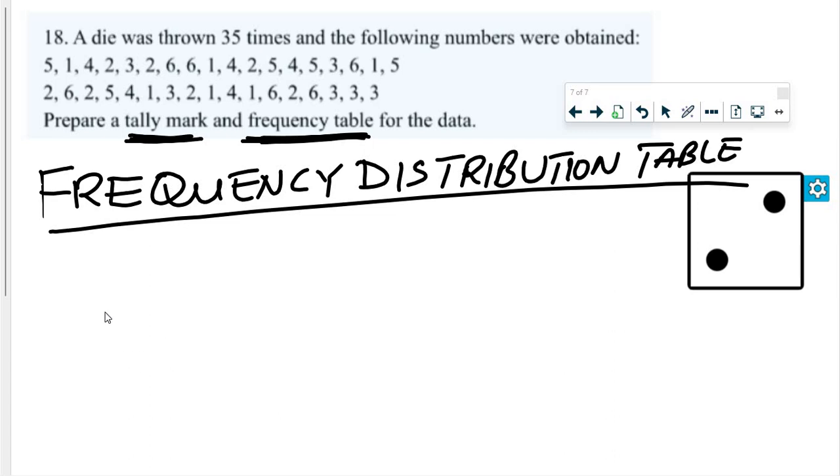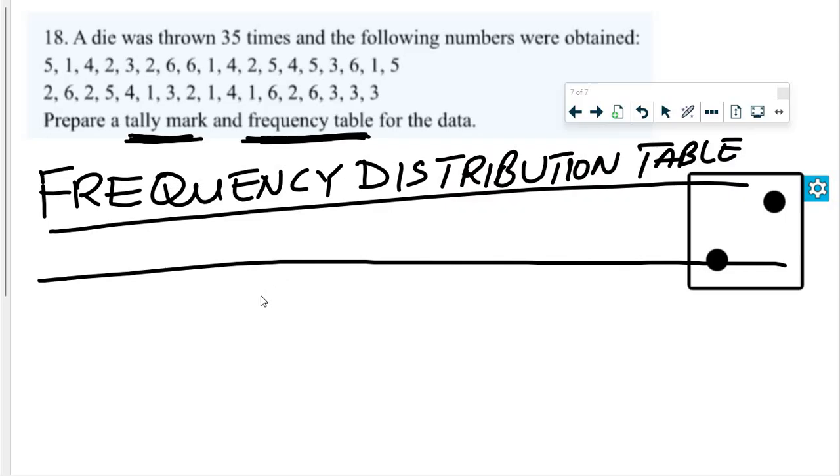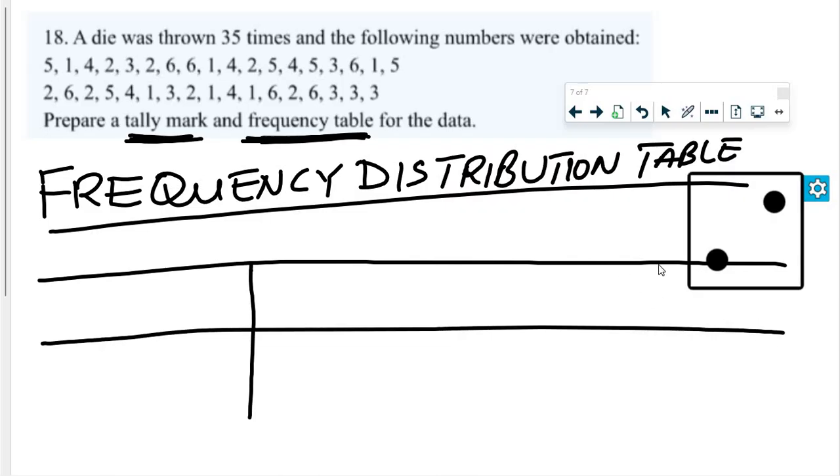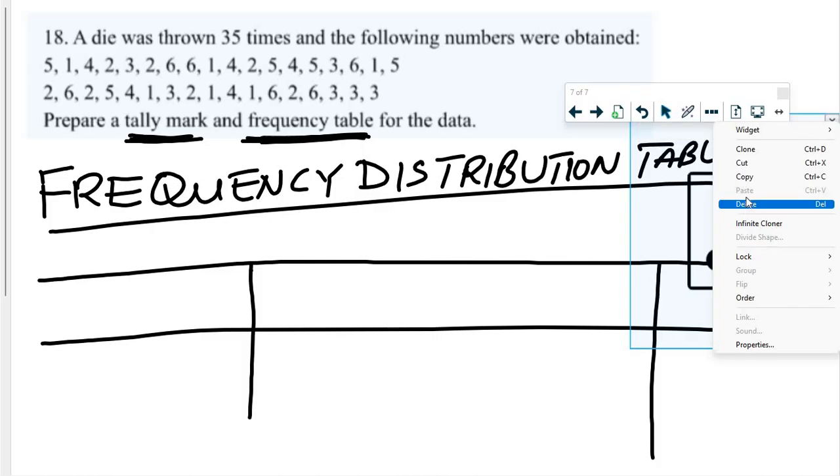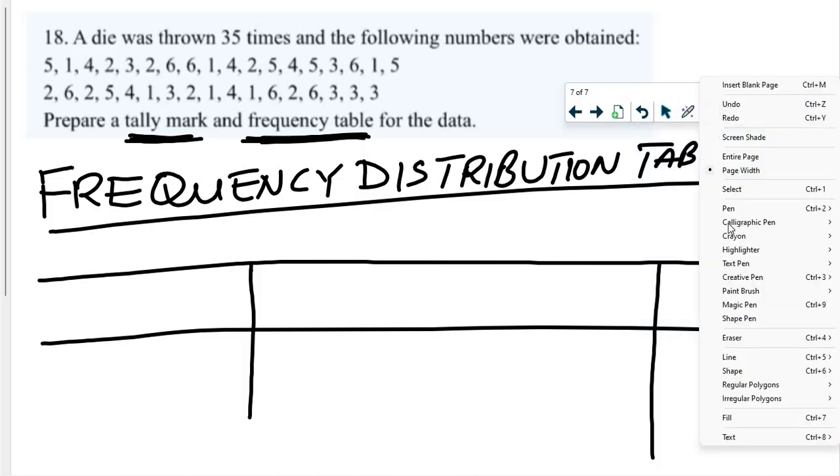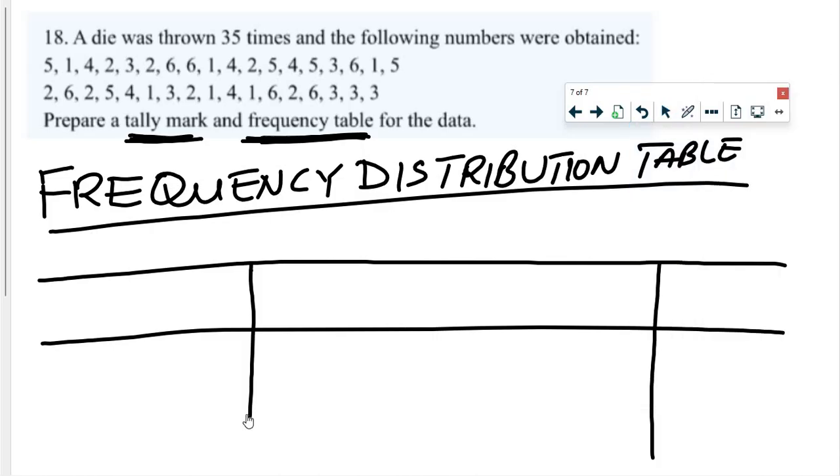Now, a frequency distribution table, like I said earlier, uses only 3 columns. Okay, so we have this table which uses 3 columns.